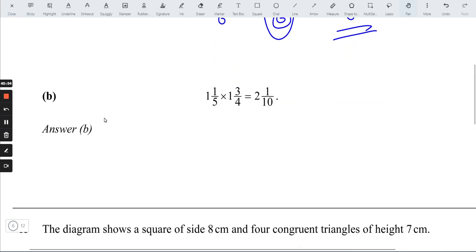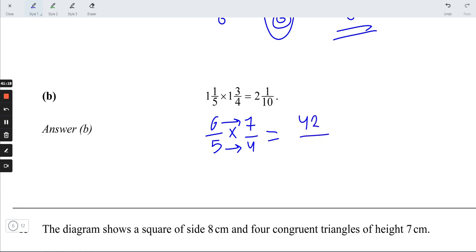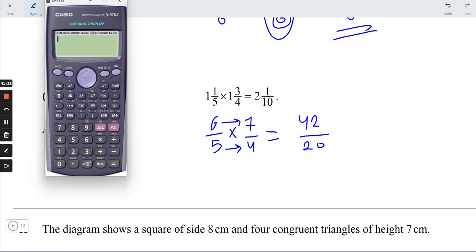Now here, part B. Part B, here also we have mixed numbers, and you have to change them to improper fractions. So again, 5 times 1 is 5, plus 1 is 6, so 6 over 5, times 4 times 1 is 4, plus 3 is 7 over 4. Here's the multiplication, just a straightforward multiplication. So 6 times 7 is 42, over 20. You can simplify it if you want to be sure that your answer is right.